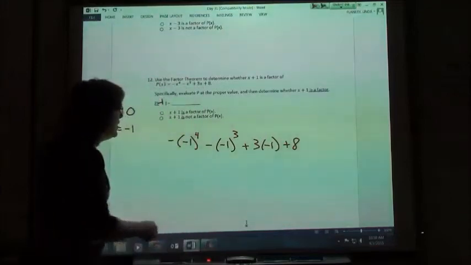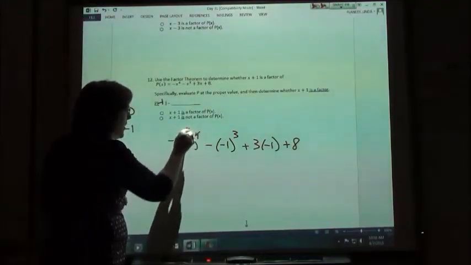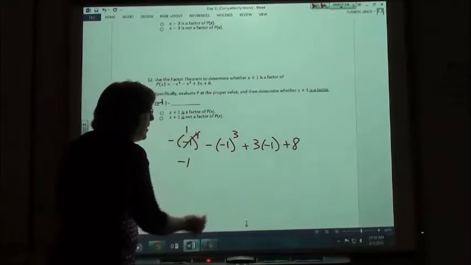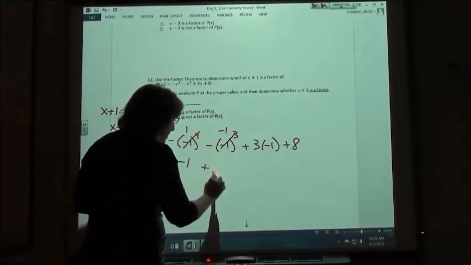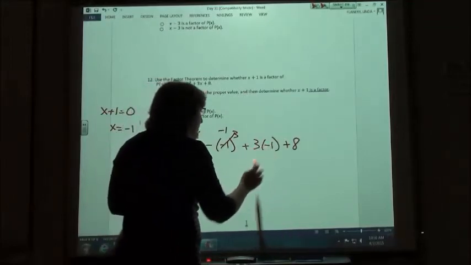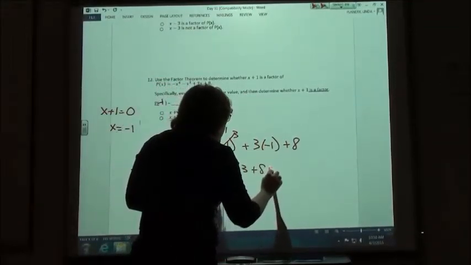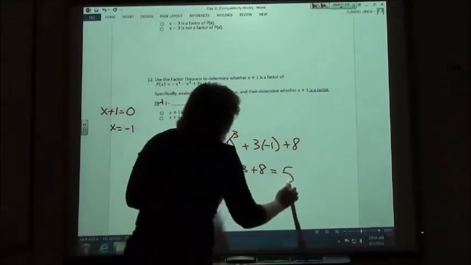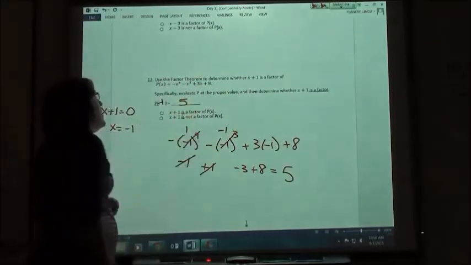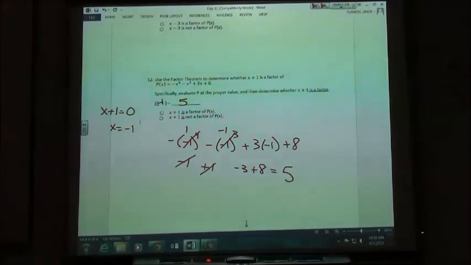Negative 1 to the fourth would be 1 with the minus sign. Negative 1 to the third is negative 1, but minus a negative makes it a positive. 3 times negative 1 is negative 3 plus 8. Those cancel, and negative 3 plus 8 gives me 5. So p of negative 1 is equal to 5.